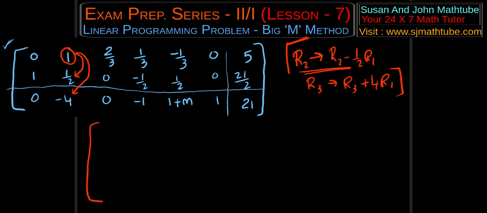So we write the two operations. And we get 0, 1. There is no change because we have already made it 1. So just write as such.